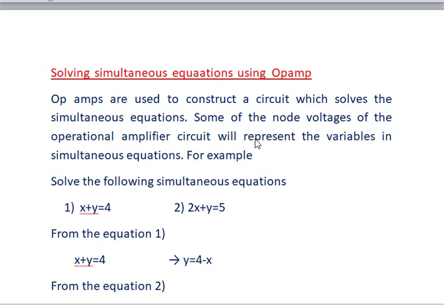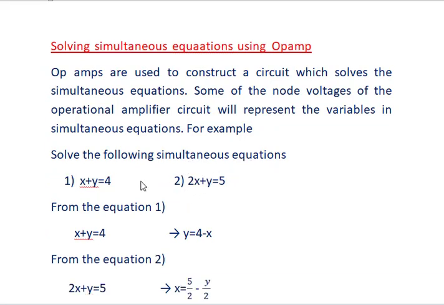The operational amplifier circuit represents the variables in the simultaneous equation. The outputs of the circuit give the final solution for this simultaneous equation. The final solution is nothing but a voltage. It is in voltage form.